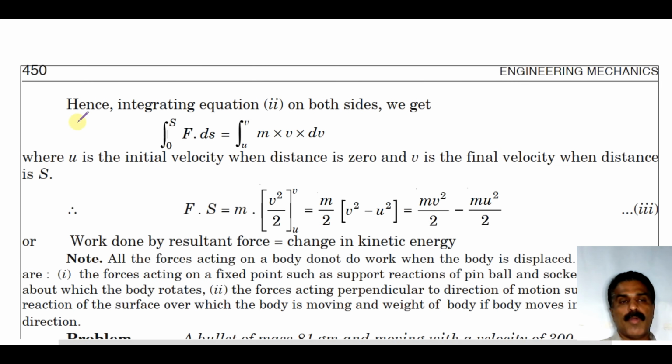So integrating the equation on both sides, we get integral 0 to s of F into ds equal to integral u to v of m into v into dv. The velocity was changed from u to v.